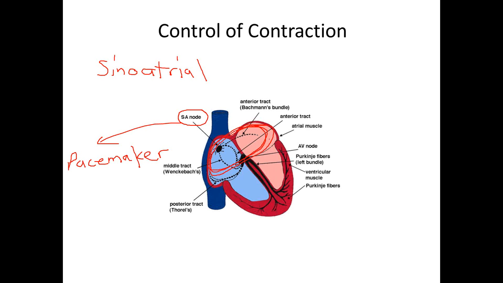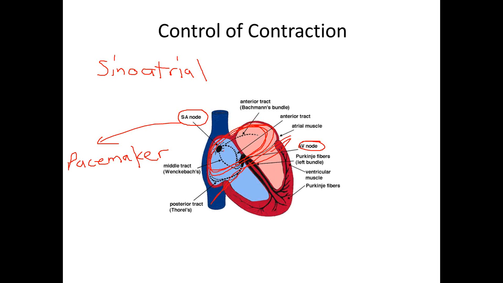So it causes the muscle on the top part of the heart to contract. There's another region here called the AV node, AV standing for atrioventricular, if you remember, because it's between the atria and the ventricles.